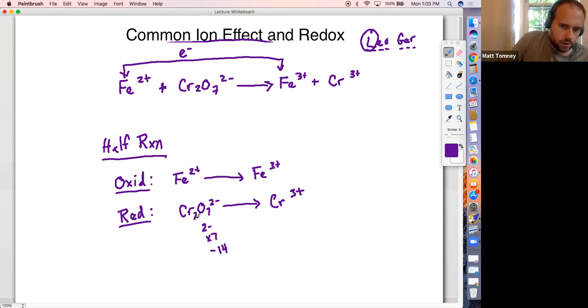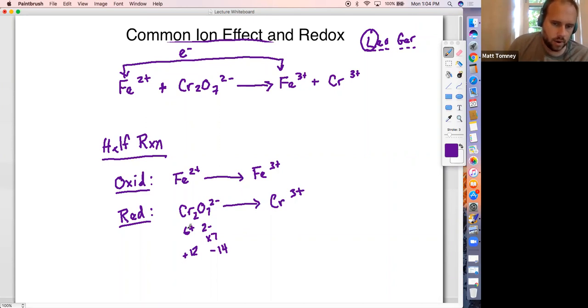And this should have a 2 here, sorry. Okay, so the chromium has to be what to balance that out? 6. 6, that's exactly right. Okay, so if the chromium is 6+, there's 2 chromiums, so that means that it would have a total of 12+, which is correct because there's a total charge of 2- here. So 12 minus 14 is -2. That's our 2- charge. Okay, so again, oxidation numbers, you have to understand how they're going to work here in order to keep track of this.